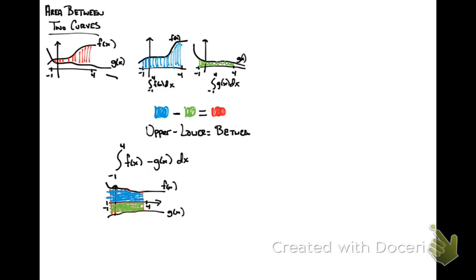So when we do f of x minus g of x, we will have a positive value minus a negative value, which will result in a positive sum because we're subtracting a negative. And that's why we're still getting the area between the two curves.